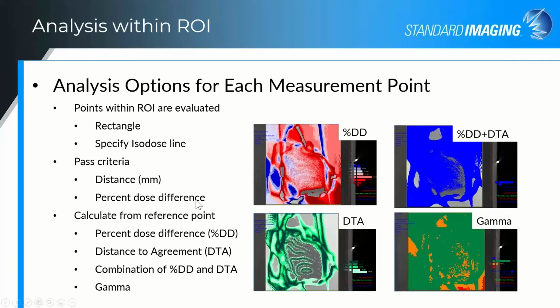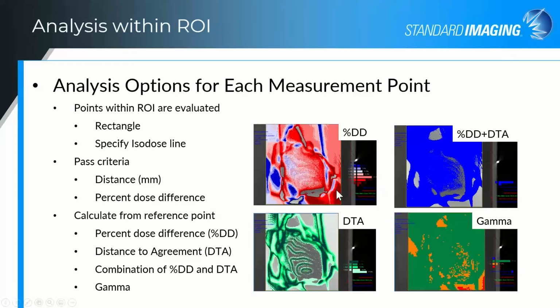And then based on the reference point, one can go forward and specify or view, shall I say, the percent dose difference for all of the points from the reference point.